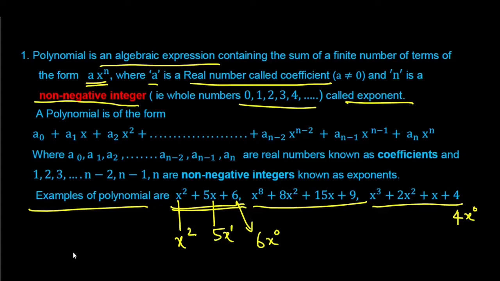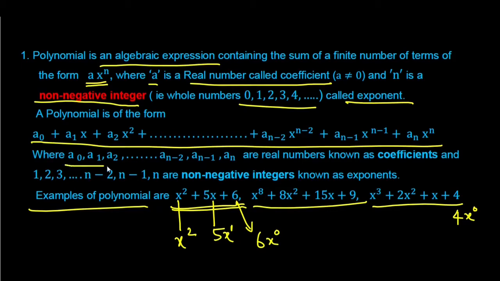So in general, we can take a polynomial as we have coefficients a0, a1, a2, etc., till an. These coefficients are real numbers and exponents are non-negative integers.